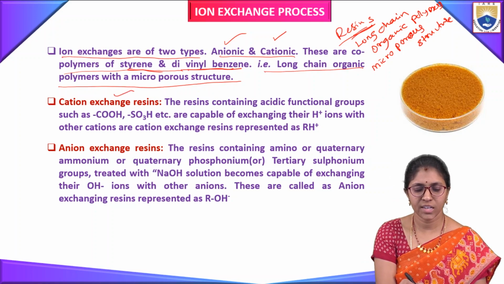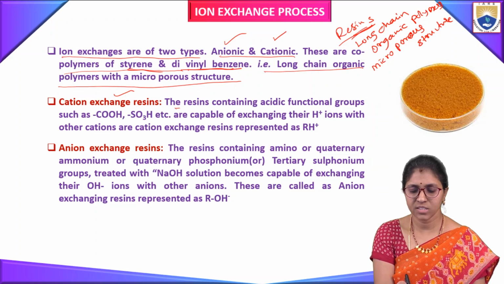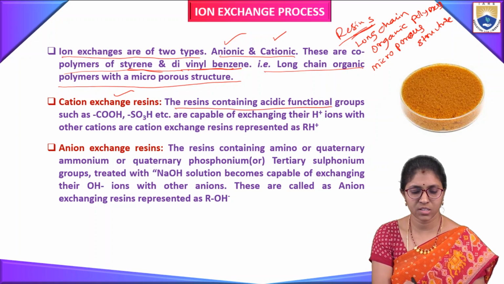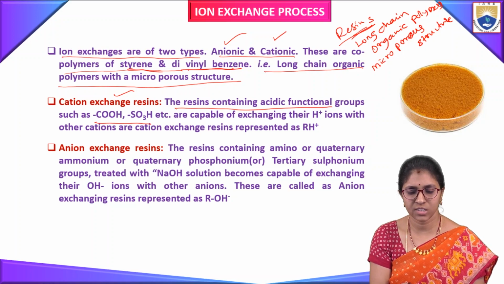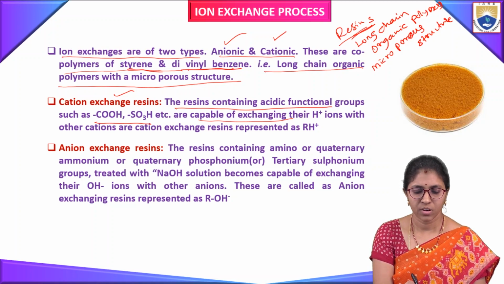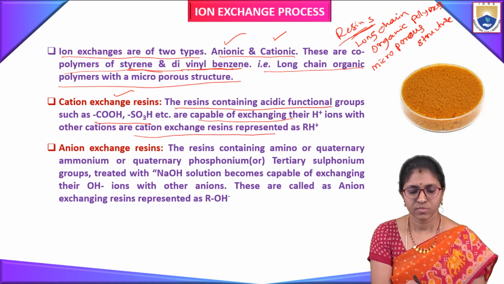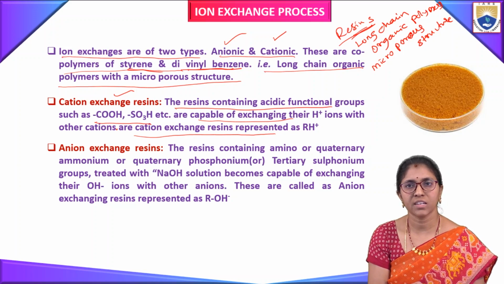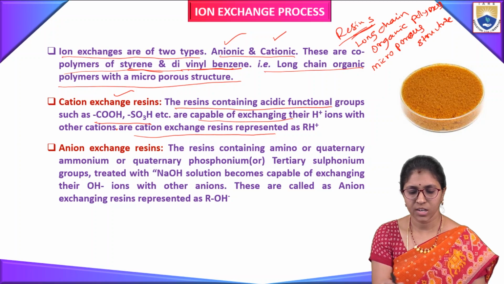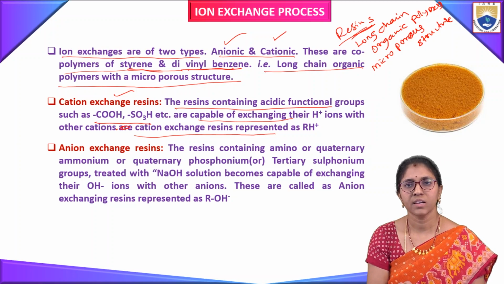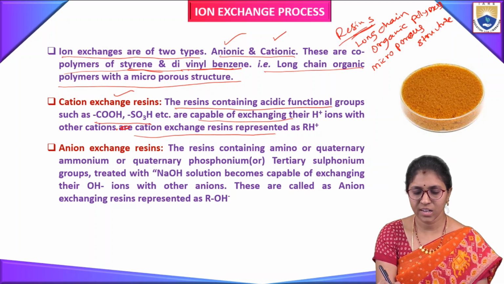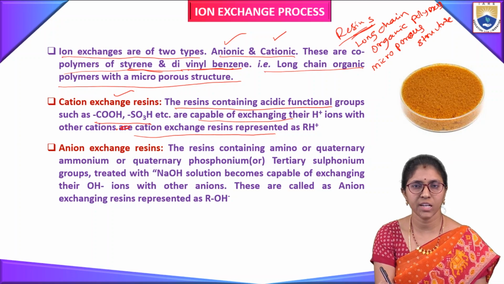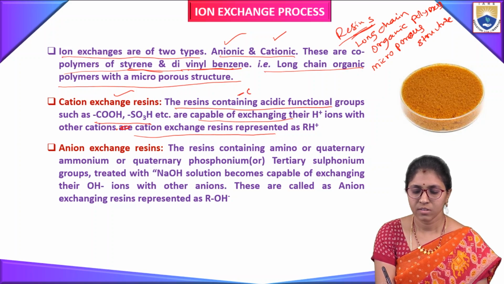Cation exchange resins are resins containing acidic functional groups such as COOH and SO3H. These are capable of exchanging their H+ ions with other cations. These cation exchange resins are represented as R-H+. They are also long chain organic polymers, but they have functional groups like carboxylic acid and sulfonic acid, SO3H.